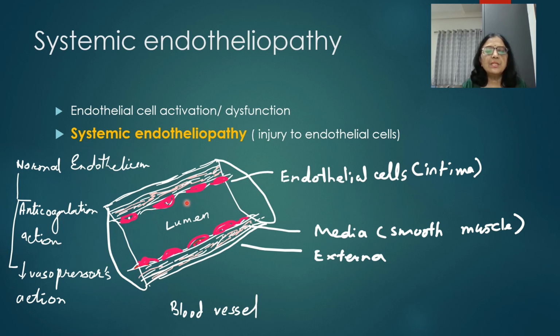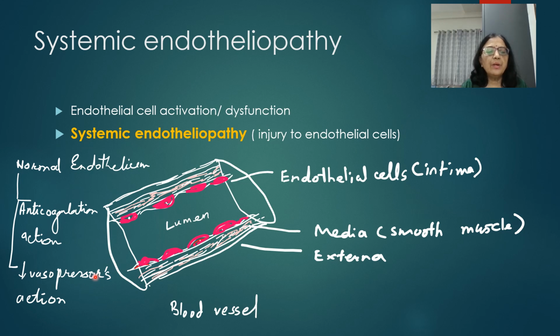Till the time endothelial cells are intact, clot formation is not happening, and that is why blood flow in the vessel remains normal. So the main function of the endothelium is its anticoagulation action. Once the endothelium gets damaged, then clot formation starts, and that is how the blood vessel might get blocked.